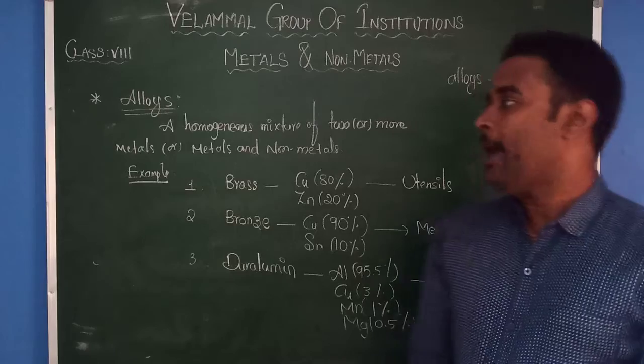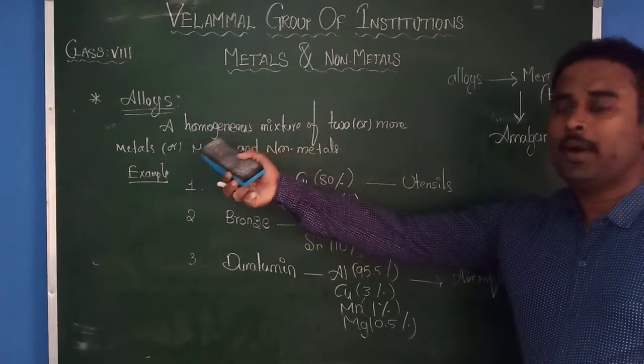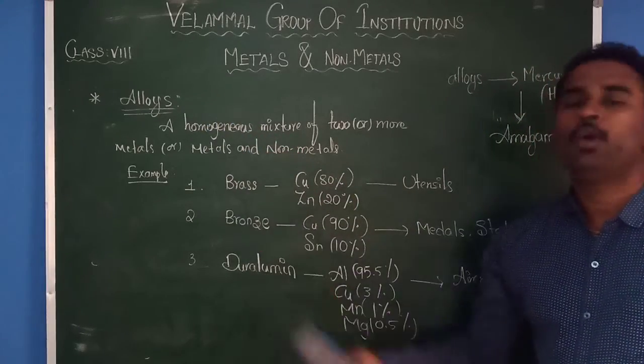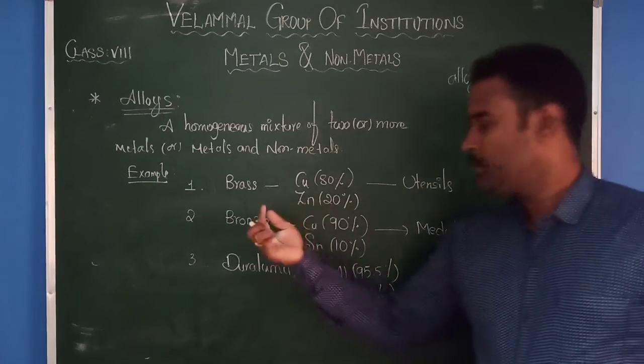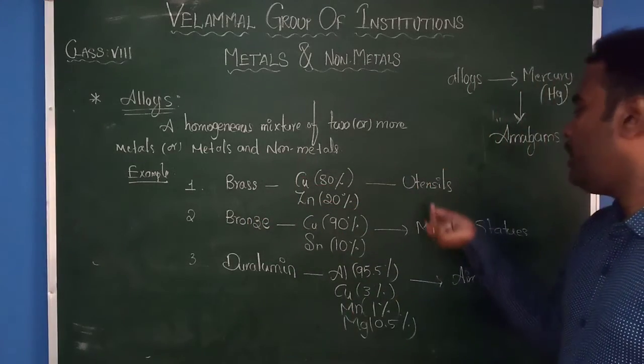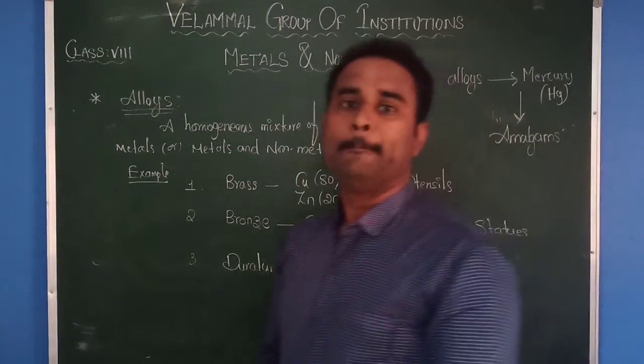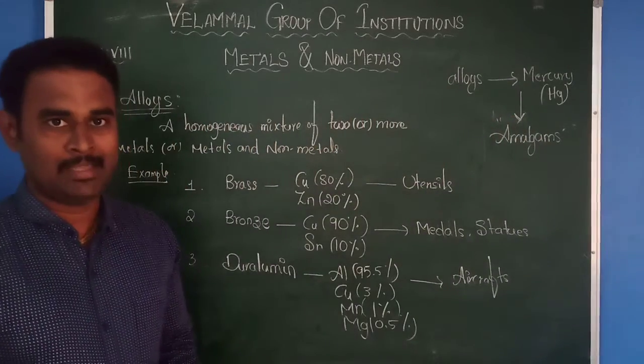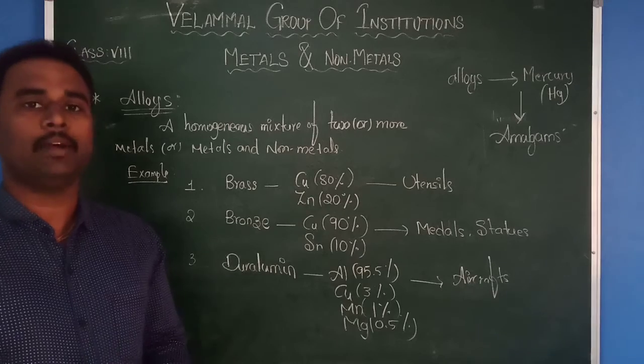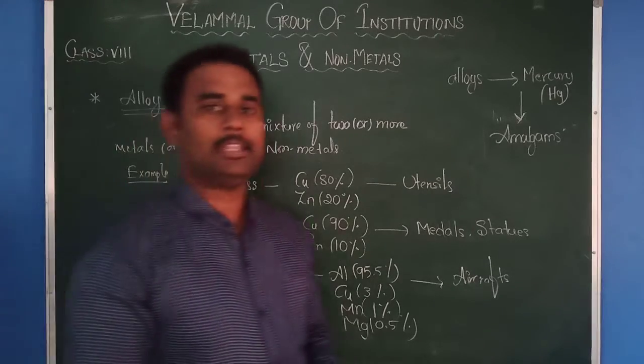This is about alloys. What is meant by alloy, what are the different types of alloys, what is its composition and what are its uses? This is about the topic metals and non-metals. Let us take 2 minutes to revise what we learned in this topic.